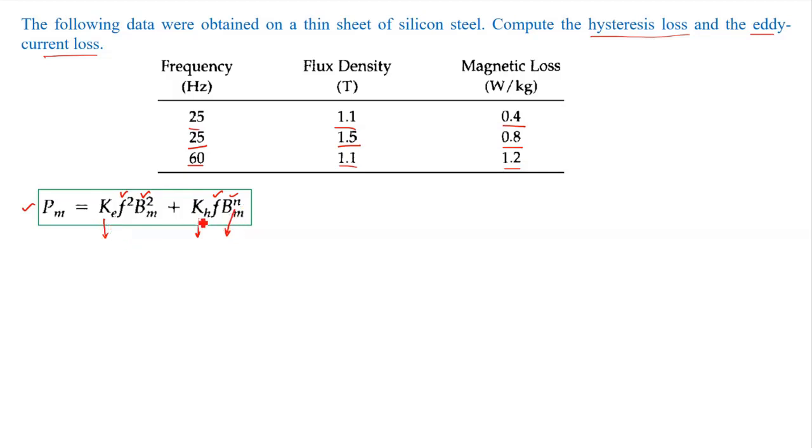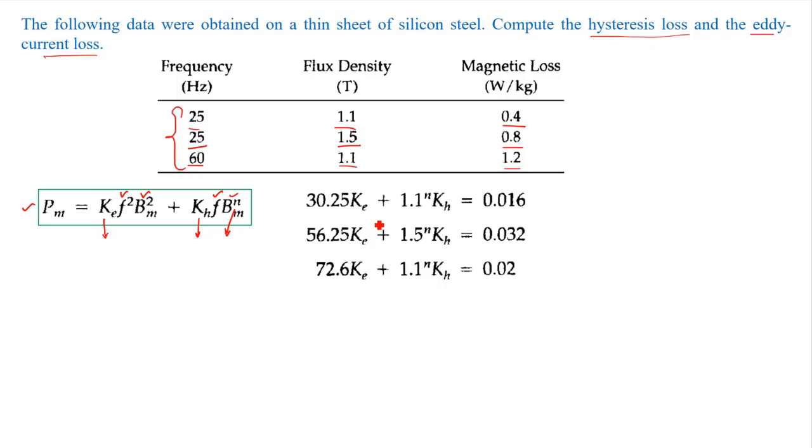There are three unknowns, and if we can write three equations using these three experimental data points, then from these three equations I can solve and find these parameters K, Kh and n, right? After finding them, I can determine the losses. So these are the three equations for magnetic loss, for different frequency and different flux density.